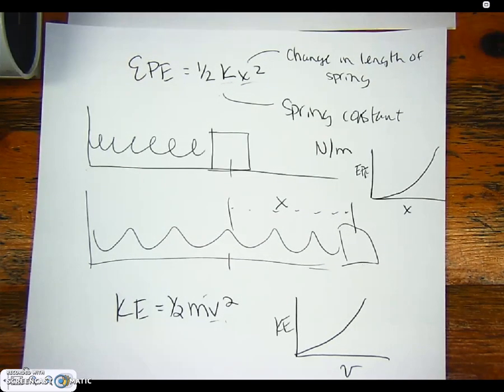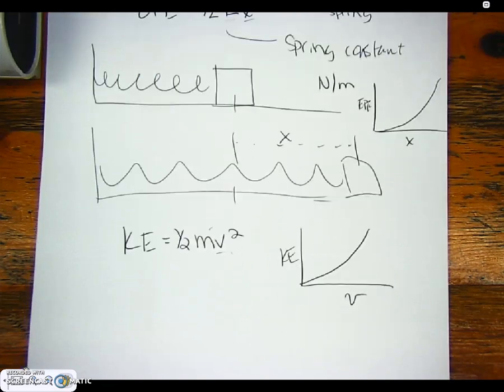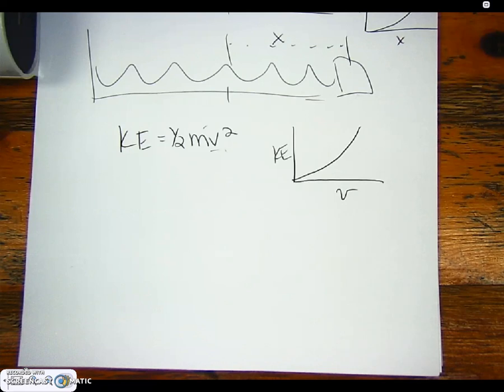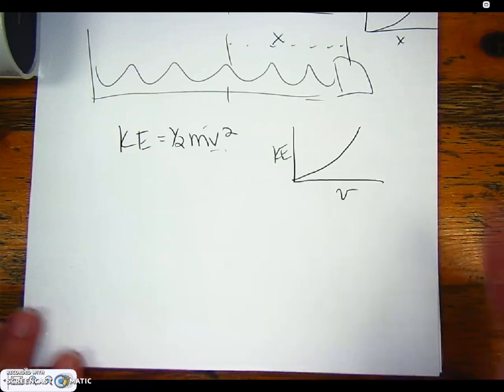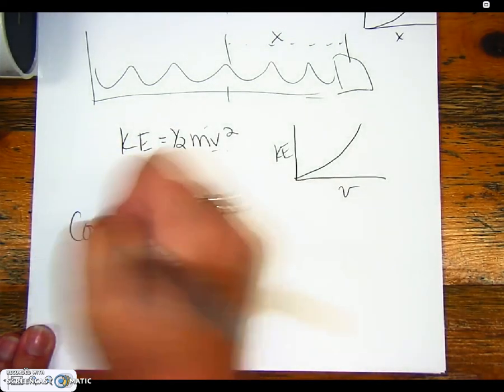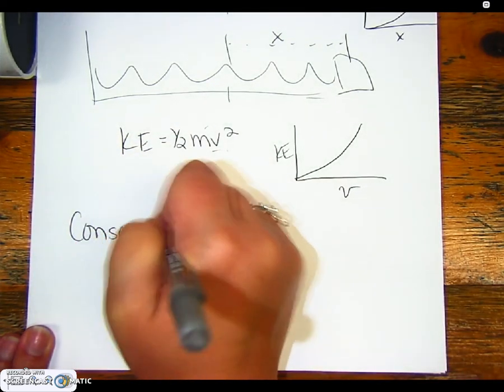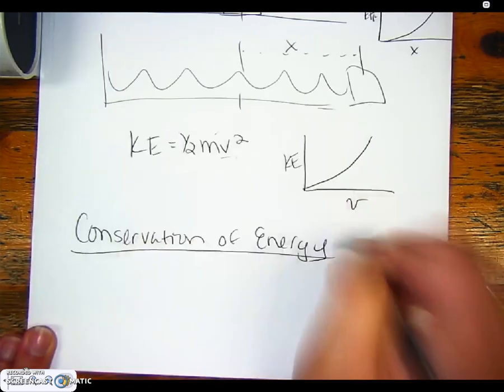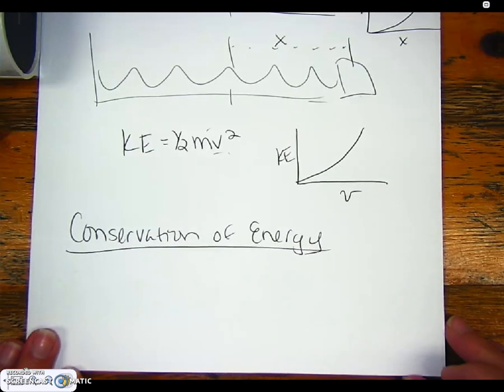All right, so those are 3 types of mechanical energy. We have gravitational potential energy, elastic potential energy, and kinetic energy. Now, there are other types of energy that are not considered mechanical, like thermal energy or electric potential energy, that can come into consideration when we're dealing with the idea of what is conservation of energy, right? So energy is always conserved. It can only change forms. It's never created or destroyed, right?